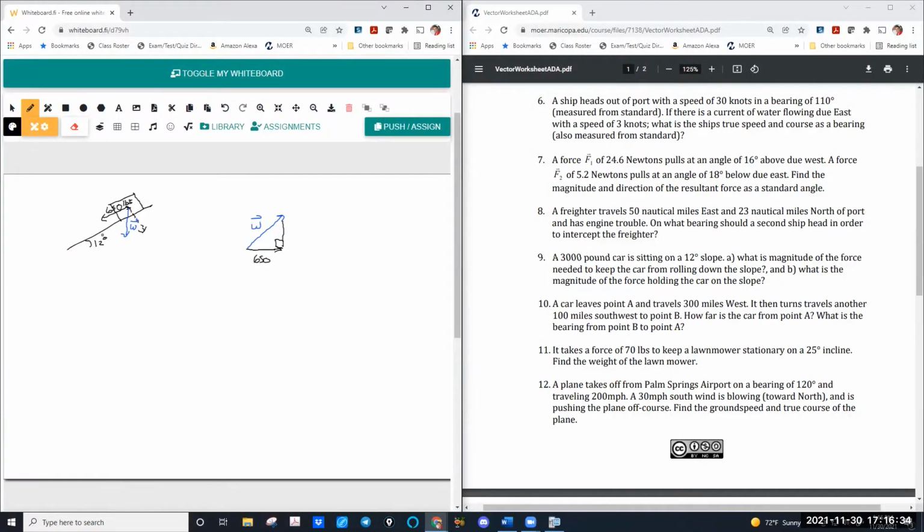This week you're going to have to use a little bit of geometry. We know that this angle here is a 12-degree angle, so this angle here then is 78 degrees. Each of these angles is going to be one of these 2.